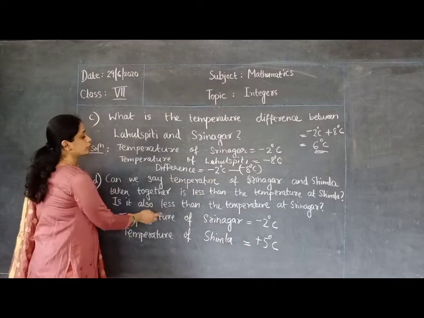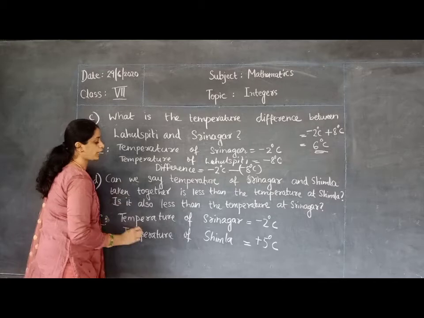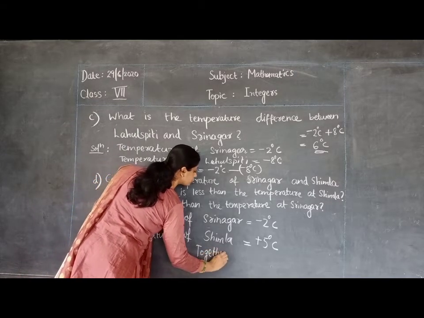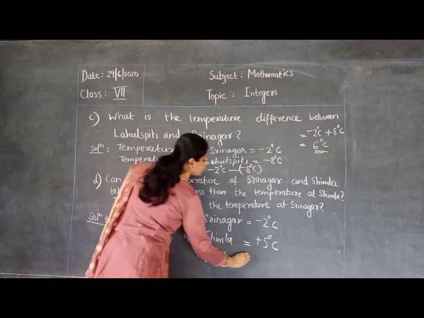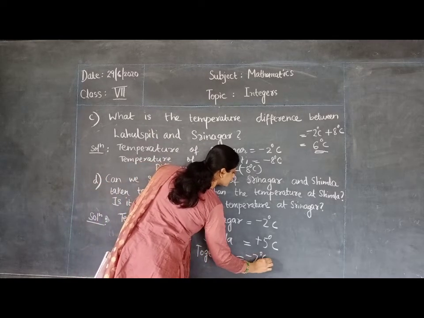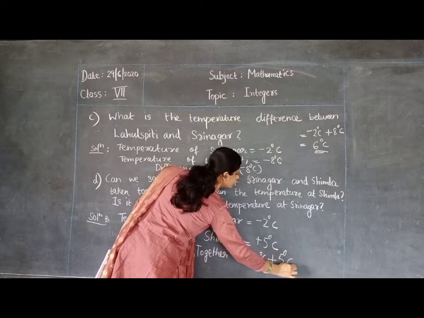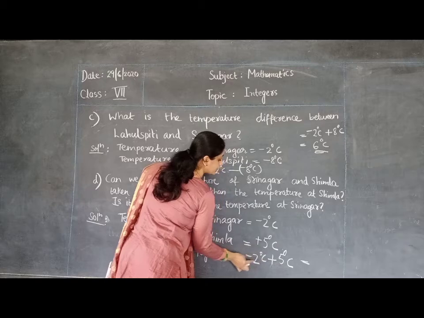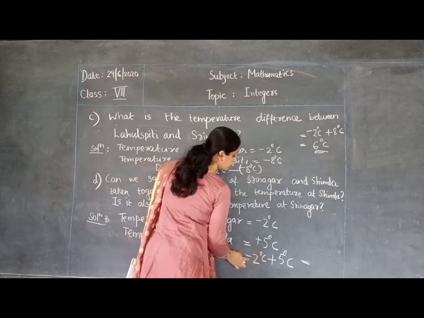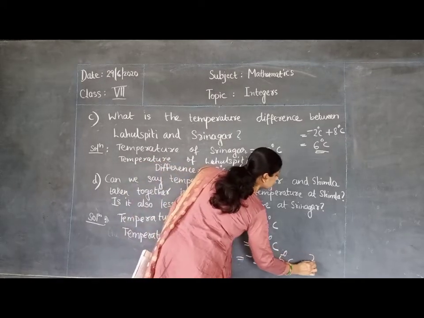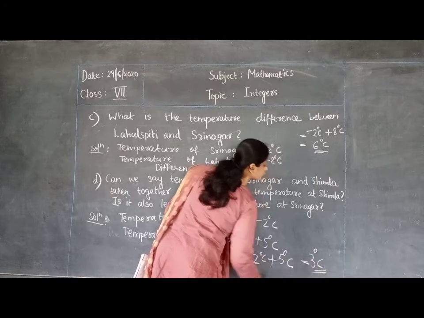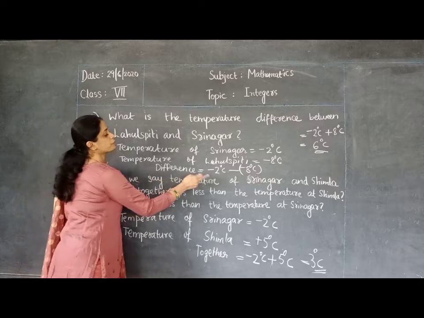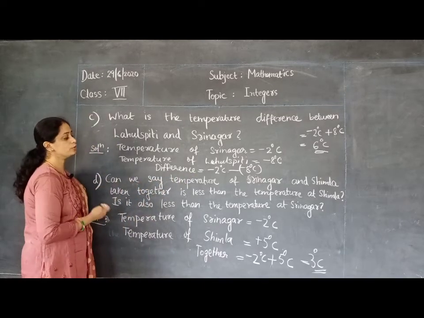So these are the two temperatures which they have asked. You have to add this. So together, these two temperatures together means you have to add this minus 2 degree Celsius plus 5 degree Celsius. So the answer you will get here, 5 degree is here, minus 2 degree is here. So 5 minus 2 is 3 degree Celsius. This is the sum or temperature of Srinagar and Simla taken together.